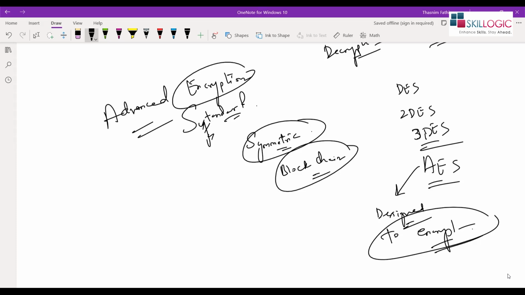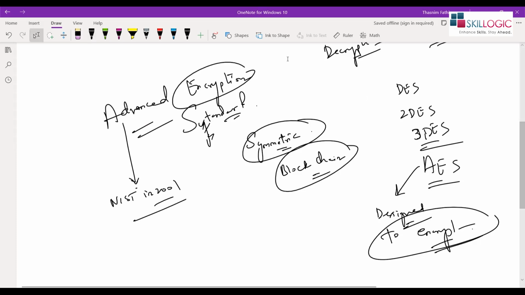AES was established by the US National Institute of Standards and Technology, NIST, in 2001. It's widely used today as it is much stronger than DES. Yes, it is even stronger than triple DES.